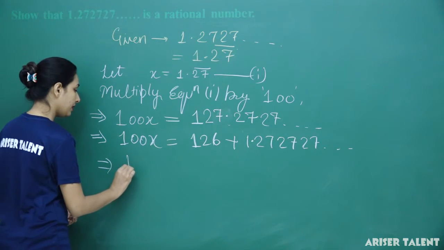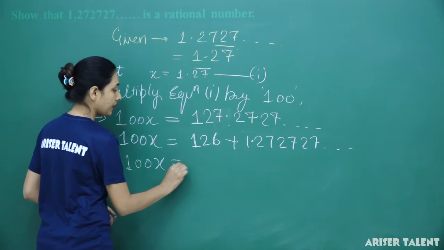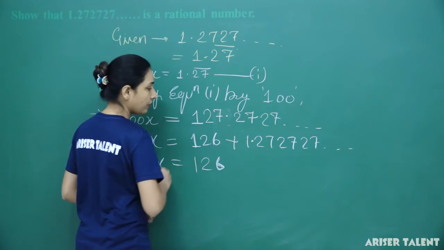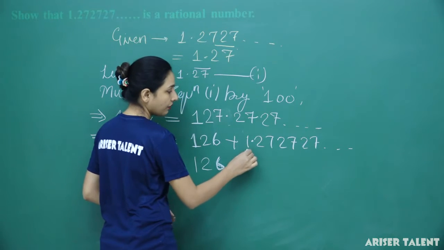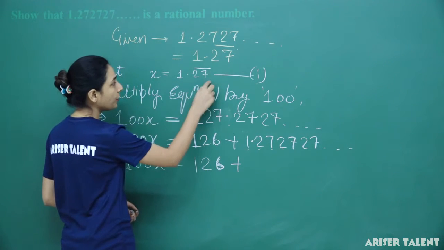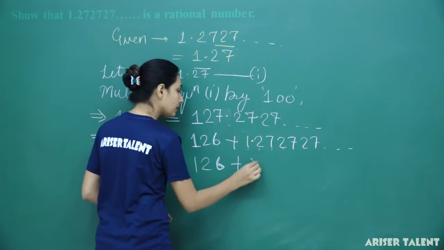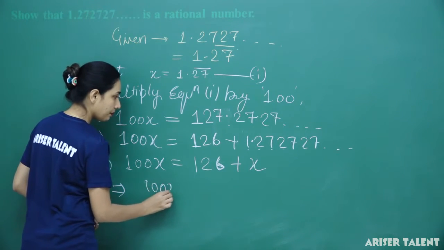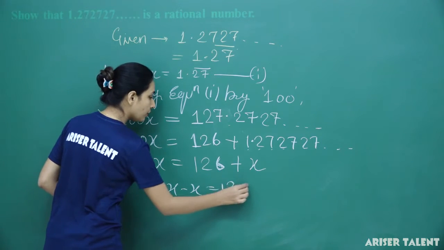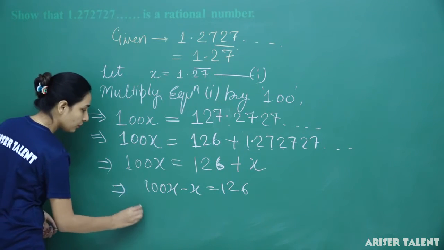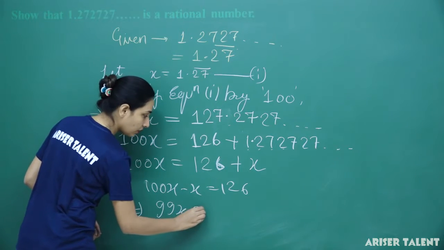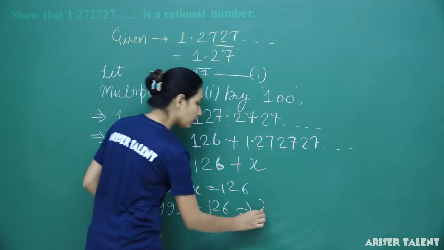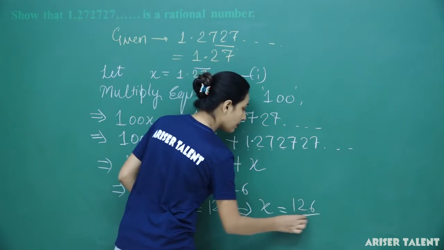So that will be written as 100x equals to 126 plus 1.27 bar, and that can be written as x. So that will give you 100x minus x equals to 126. That will give you 99x equals to 126, or I can say x equals to 126 by 99.